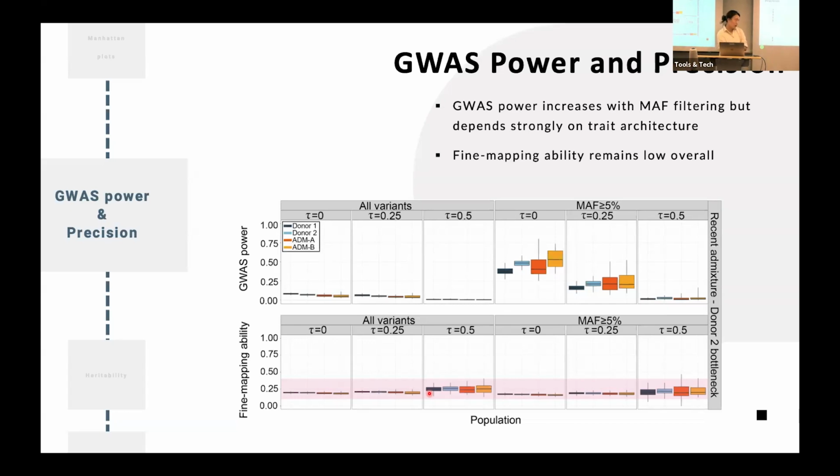This is something that we did not know about before. We were only able to find this because we used simulated data where we know the true causal variants, and with it we can quantify the performance in ways that aren't really possible if we use real data.